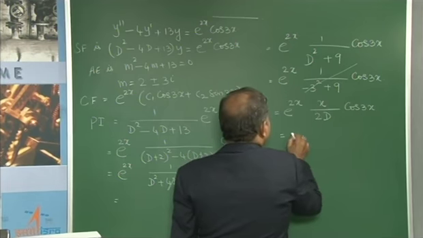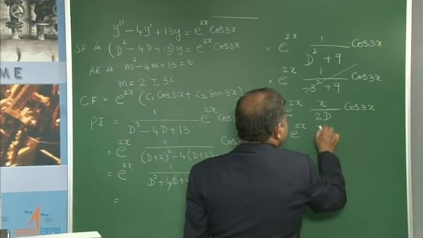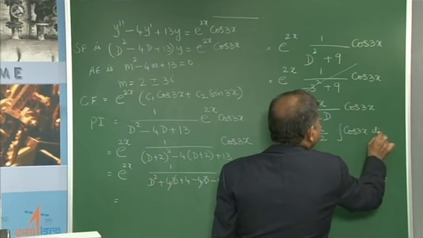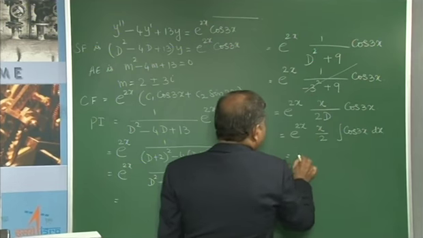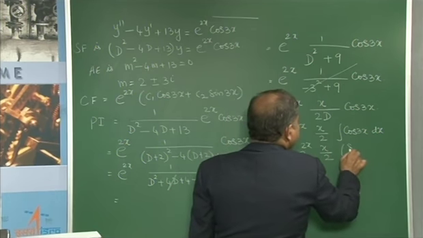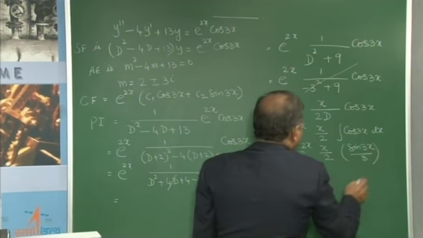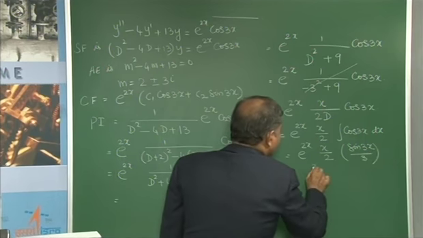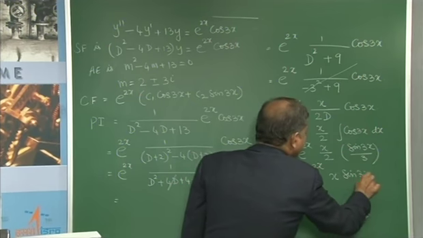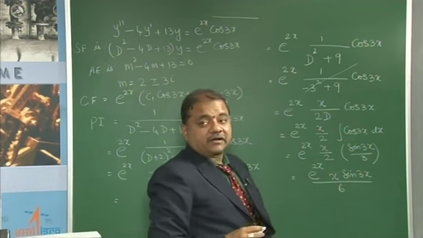So 1 by D means integration, x by 2, integral cos 3x dx. So e power 2x, x by 2, it is sin 3x by 3. Therefore, e power 2x, x sin 3x by 6, it is my particular integral.